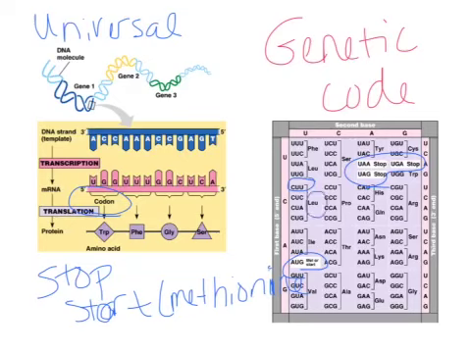That would code for leucine in a wheat plant, in a palm tree, in a horse, in a cricket, in a person, in a mushroom. CUU, that's universal. There are exceptions to that, but as a general rule, this code is universal.